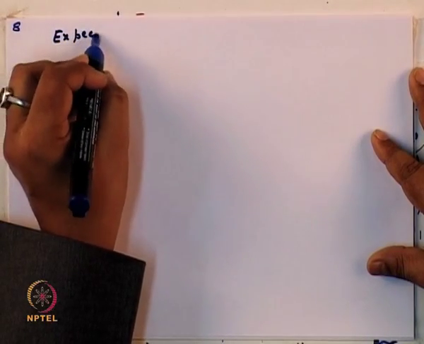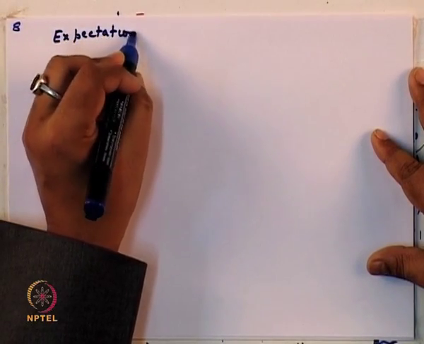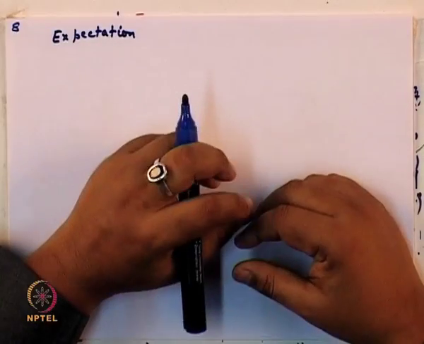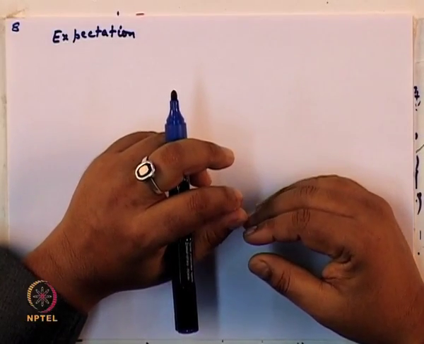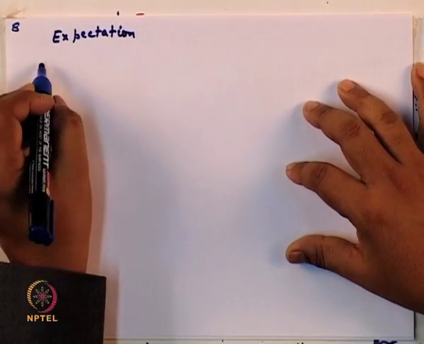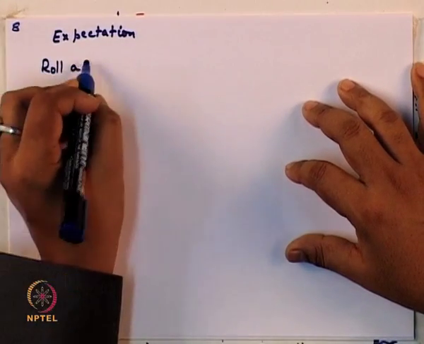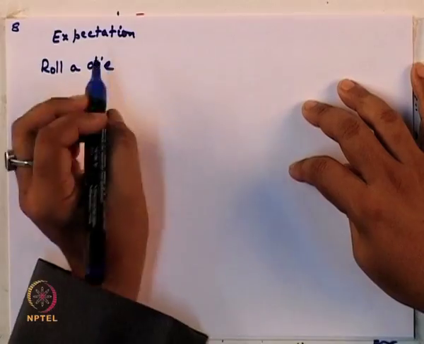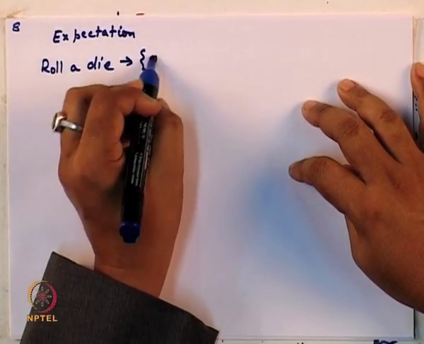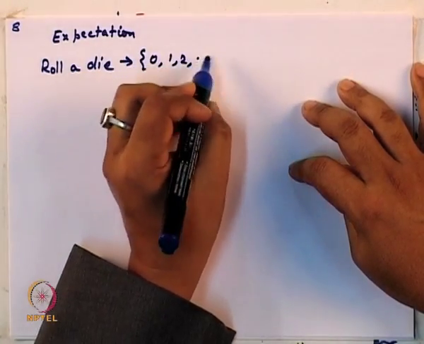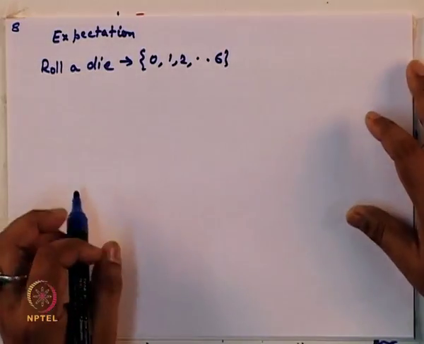So, we introduce one more important concept today, which is the concept of expectation. Imagine you have a die being rolled. You roll a die. You know the values can be anywhere between 1, 2, up to 6.